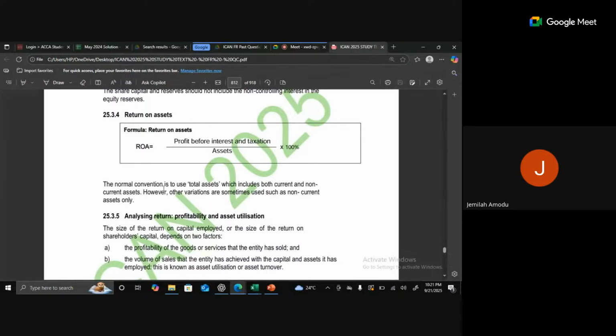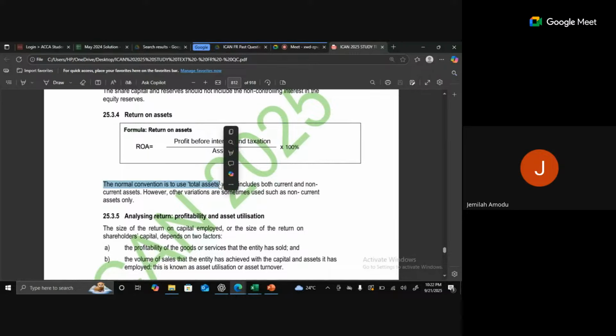They say the normal convention is to use total assets, right? Which include both current and non-current assets. However, other variations are sometimes used, such as non-current assets only, right? So what I'm simply saying is that mostly people use the total assets. And what's your total assets?